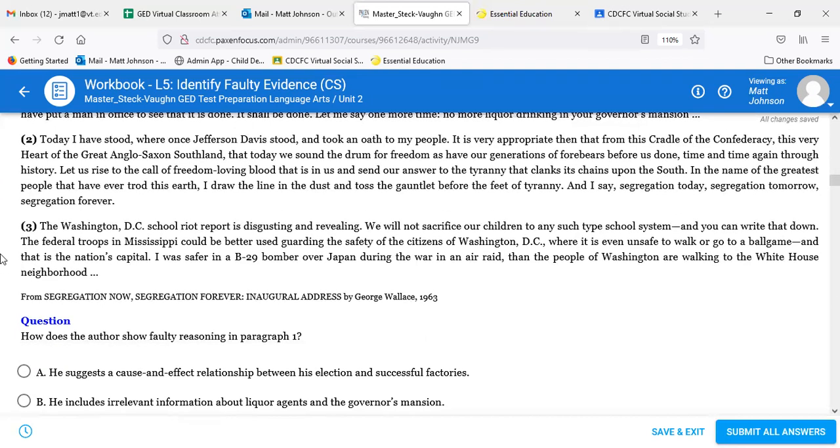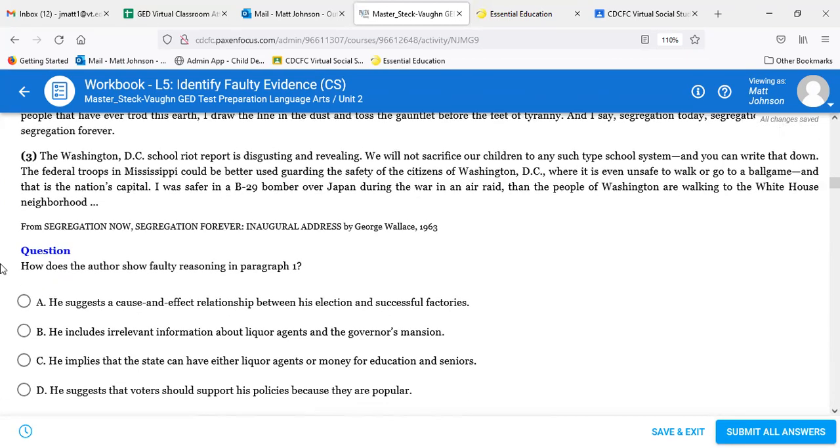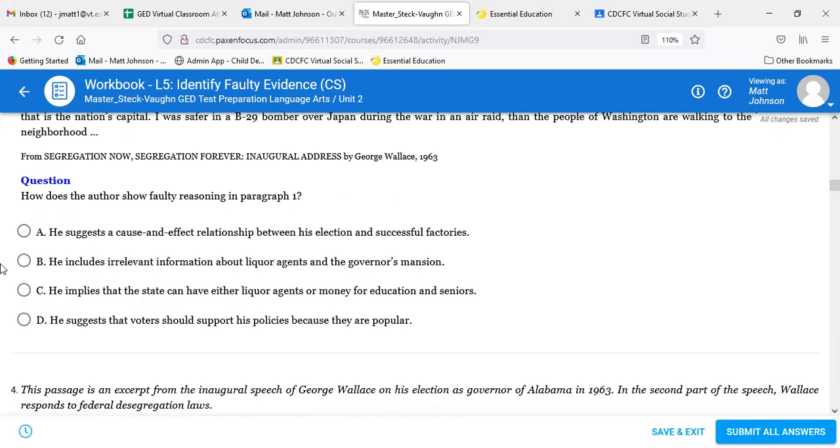So number 3, how about Christiana? Would you mind reading number 3 for us? Okay, number 3. How does the author show faulty reasoning in paragraph 2? A. He suggests a cause and effect relationship between his election and successful factories.